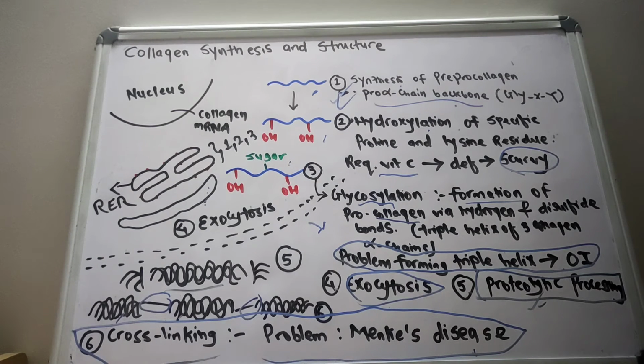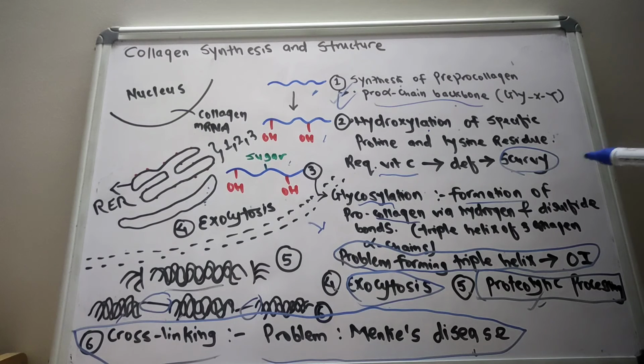And in the extracellular space, what happens? There is cleavage of the procollagen at the C and N terminus, formation of the tropocollagen, and lastly formation of cross-links between the tropocollagen, which leads to proper collagen formation. And the 3 diseases you should know: osteogenesis imperfecta, Ehlers-Danlos syndrome, and Menkes disease.